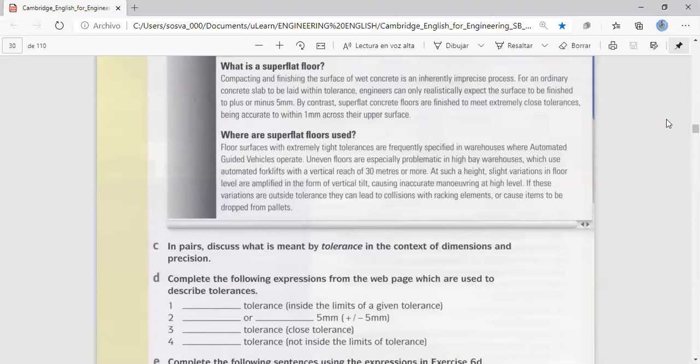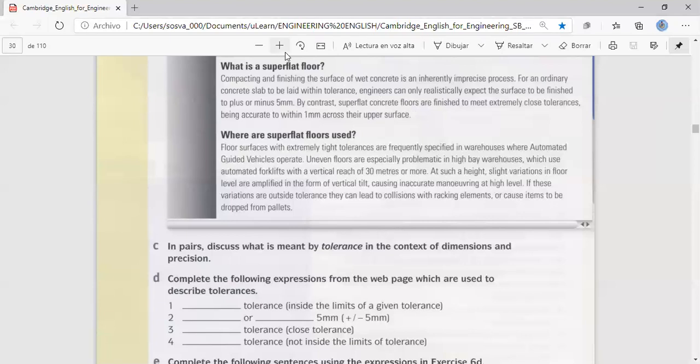So it's inside the limits of a given tolerance. A word or a connector that tells us inside this, no more, between this and this. Maybe we can say standard value or standard?